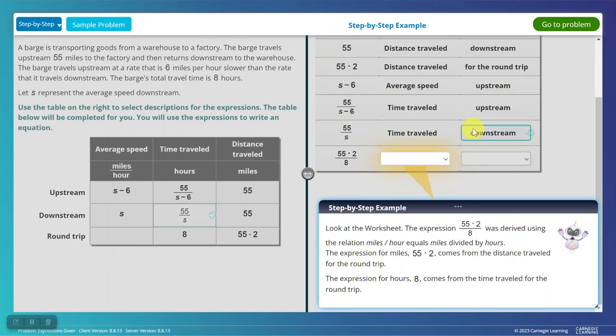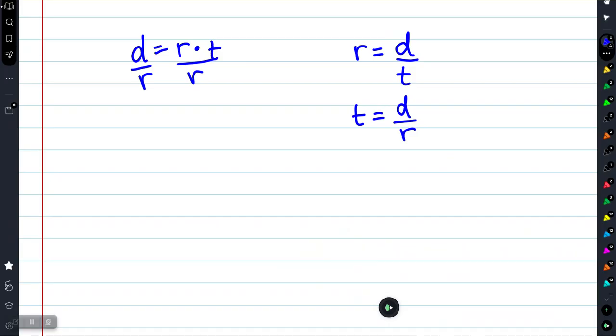Okay, so then lastly, we have the 55 times 2, which was the total distance traveled, divided by 8, which was the total time traveled. So if we look back here, total distance divided by total time, distance divided by time is equal to the rate.